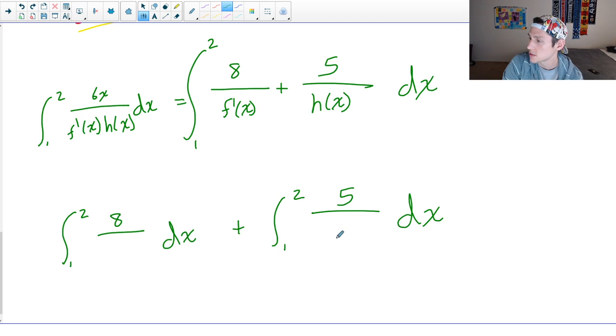Okay, so h of x we know is 2x minus 5. F prime of x, we were never given an equation for that, but I can figure it out.